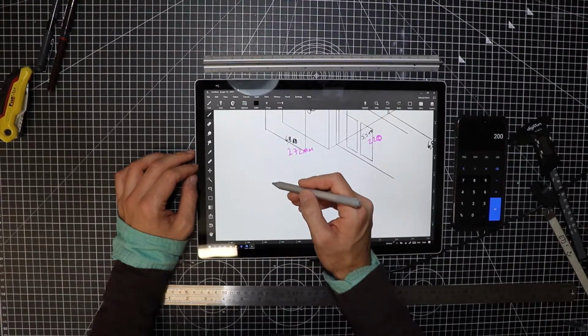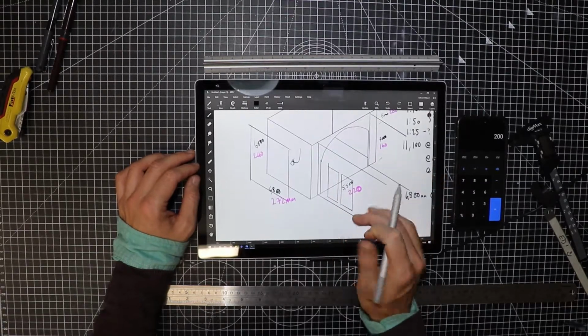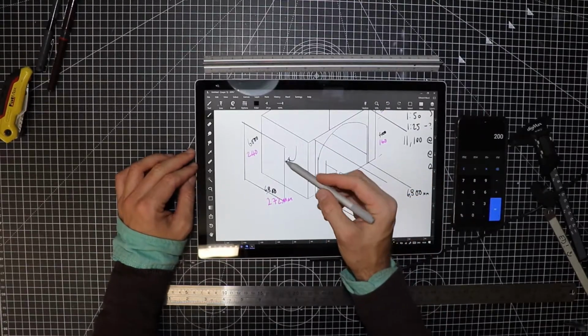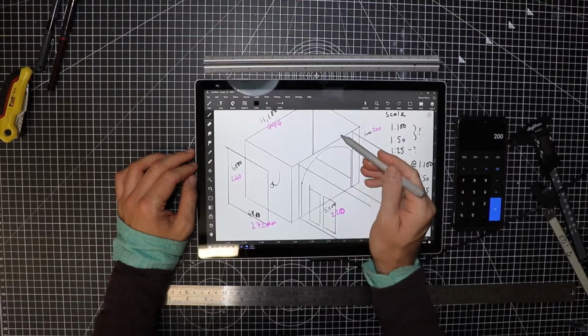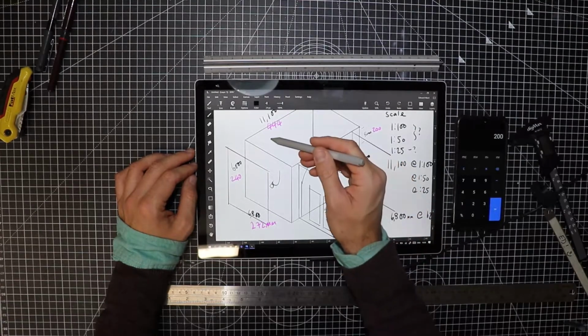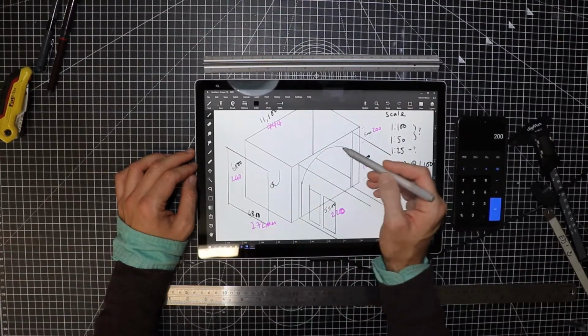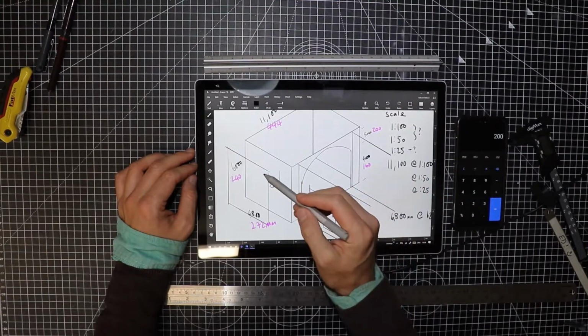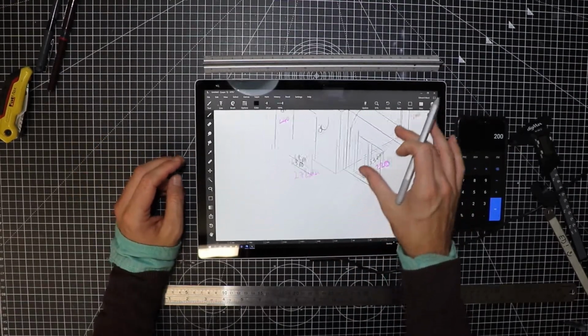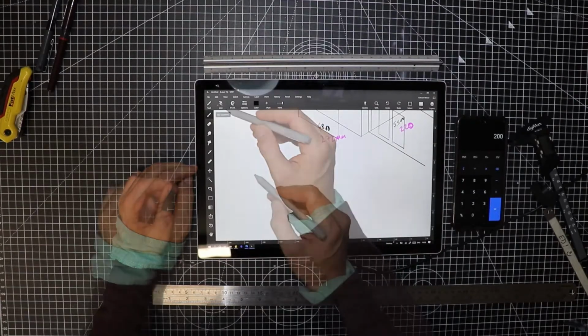So how might we break this down? We need a floor, a base, we need 2 side walls, we need a front and a back wall, and we also need to put that cutaway arch. So there's really only 5 sides of material that we need to work with at the moment.